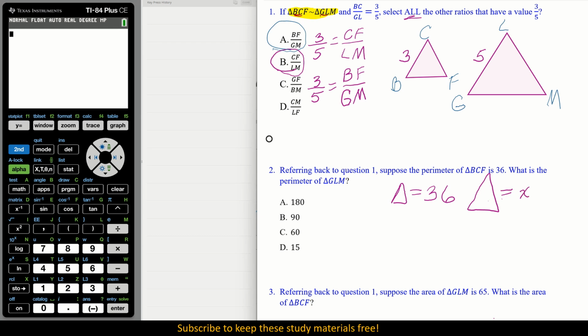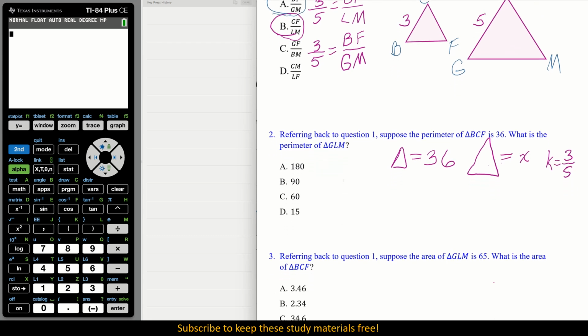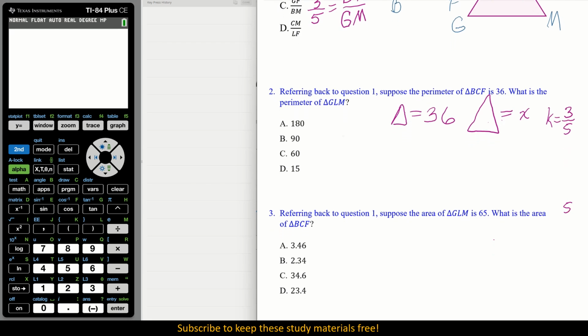And then we use that setup that we had prior. We know that our scale factor, our K, equals 3/5. Now we can scoot up and get this done. We have the small one, which is 36 over X equals 3/5.